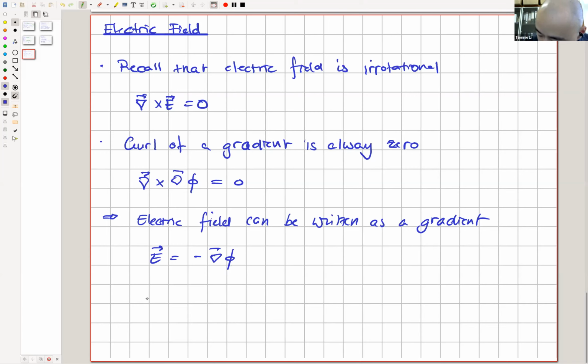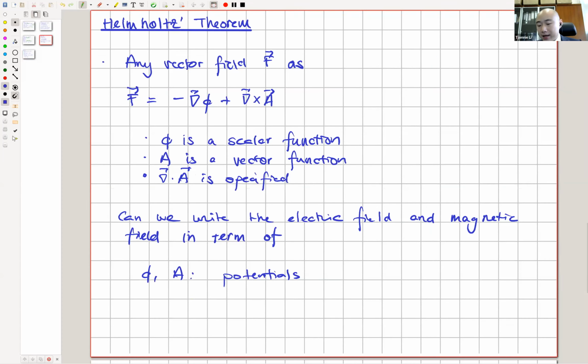So phi is the scalar potential. And the negative sign is actually there for convenience or convention. If I look at the last slide, even in the Helmholtz theorem there is a convention where we have a negative sign.